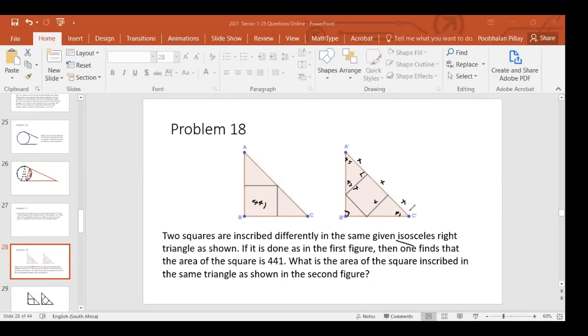So now, in this situation here, this area is 441. So 441, by the way, is 21 times 21.